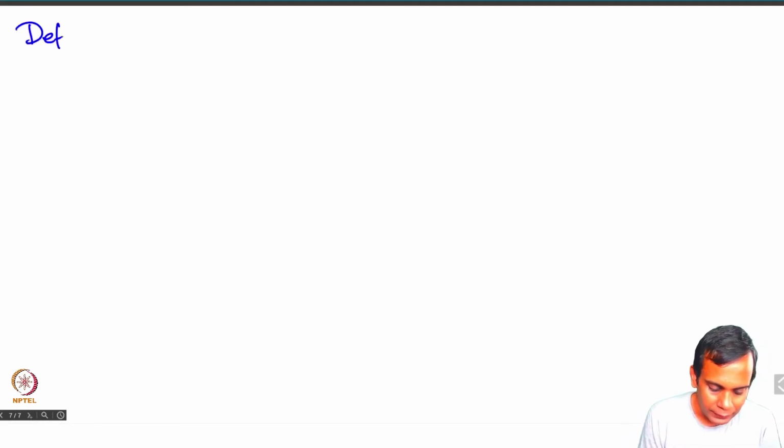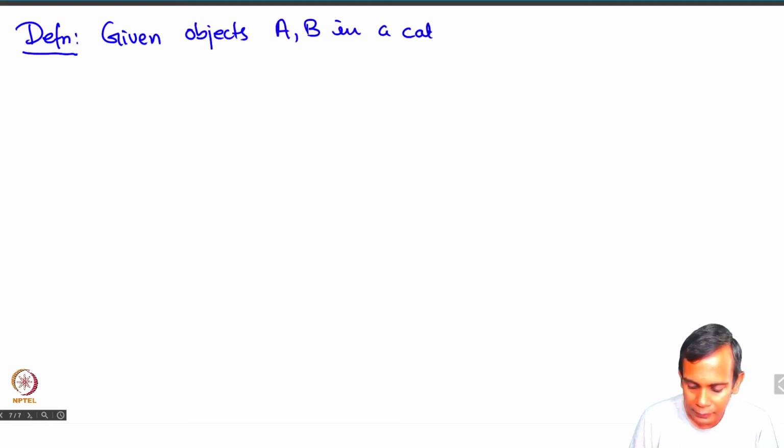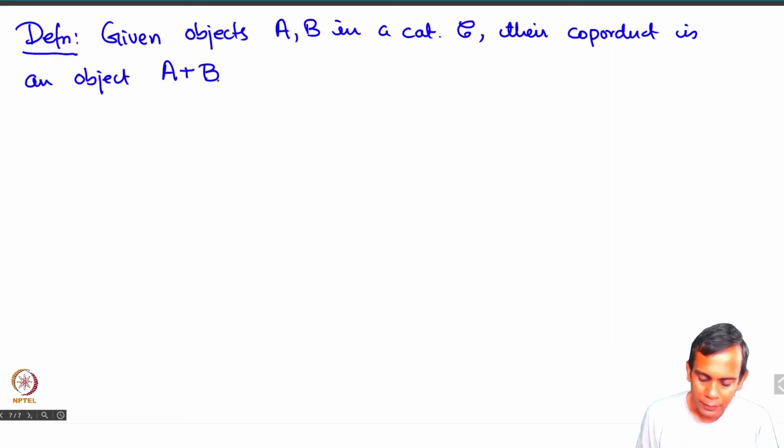So let's define it. A coproduct is defined as follows: given two objects A and B in a category C, their coproduct is an object, which we'll write A plus B, together with arrows.